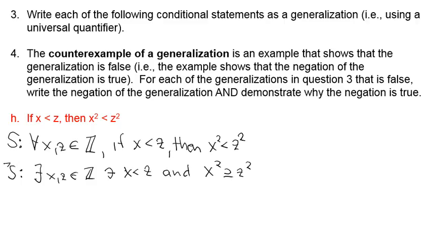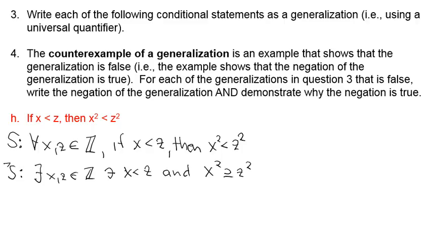I think the negation is true in this case. And the negation would constitute a counterexample. A counterexample, remember, is an example that shows that a generalization, a statement that has a universal quantifier, is false. So there exists. That's our example. So let's come up with this example.